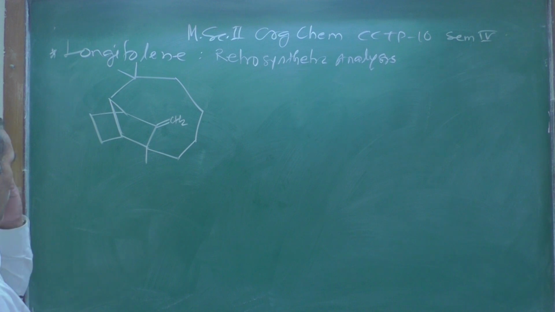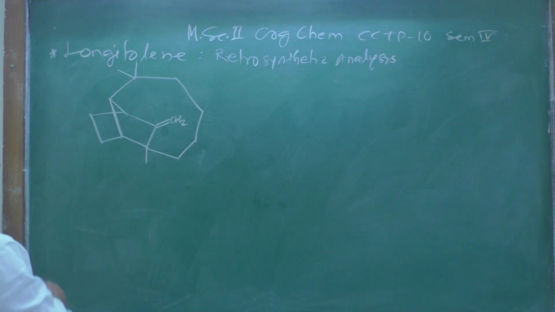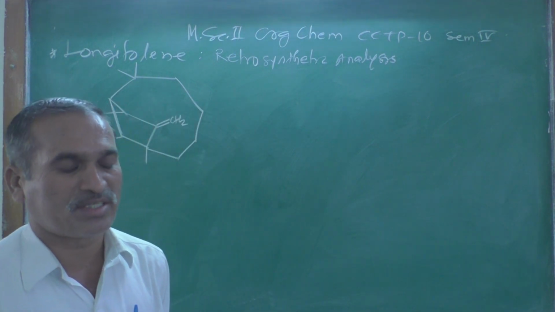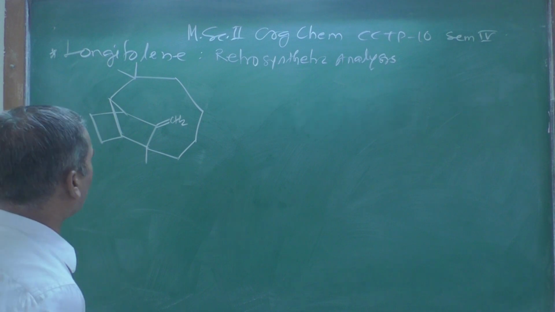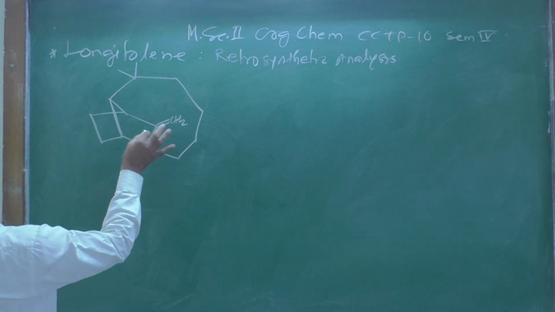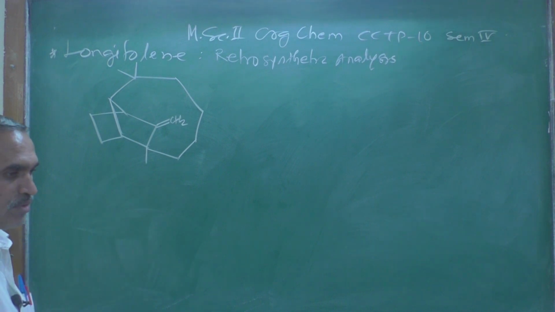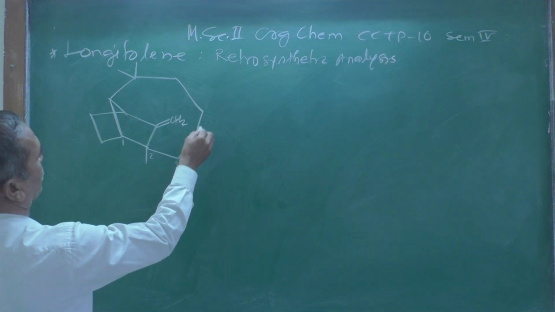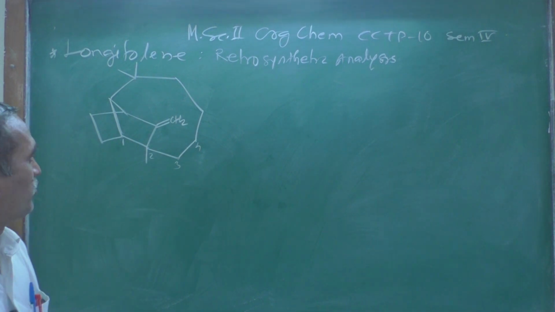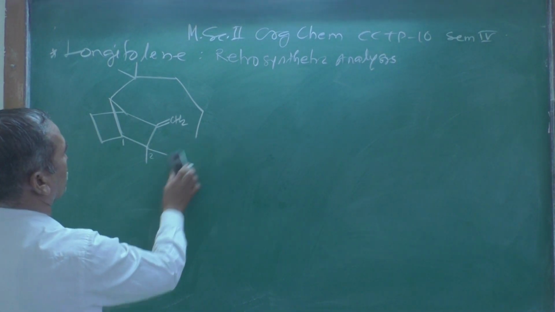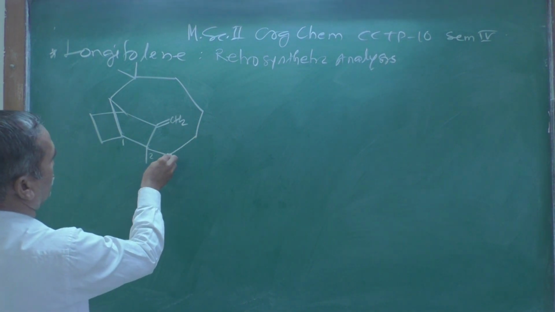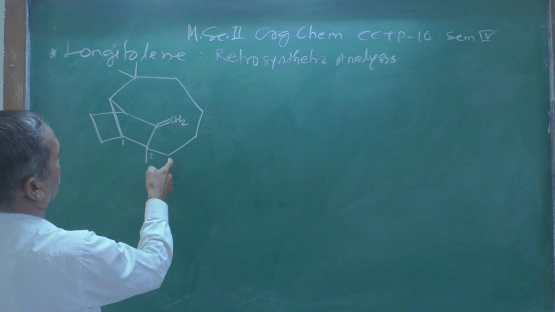So this is our target molecule, and target molecule means what? The molecule whose synthesis is being planned is called a target molecule. If you number the carbon atoms, you can find the total number of carbon atoms over here. So 1, 2, 3, 4. Here let me make the correction. 1, 2, 3, 4, 5.